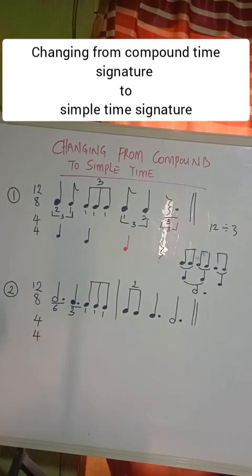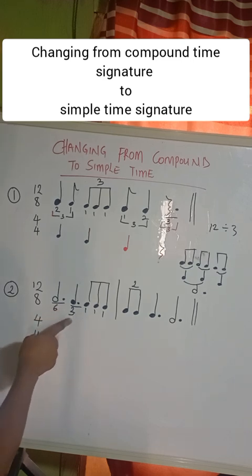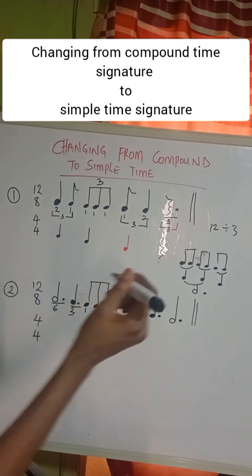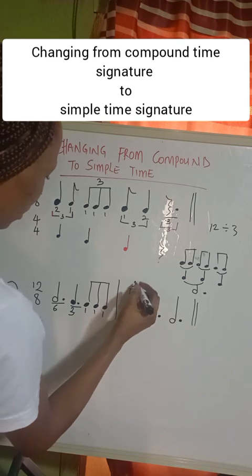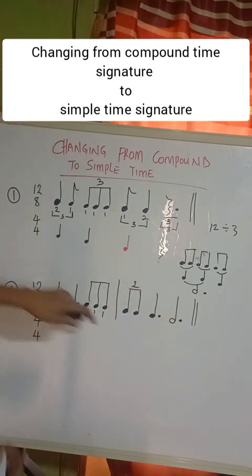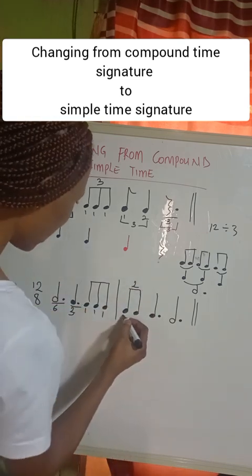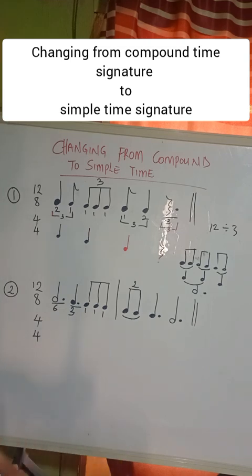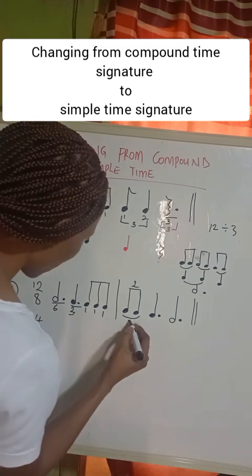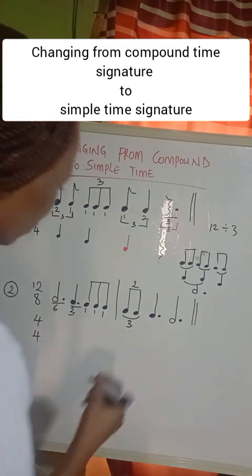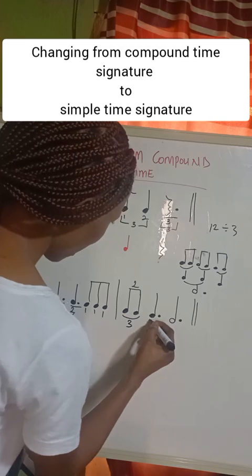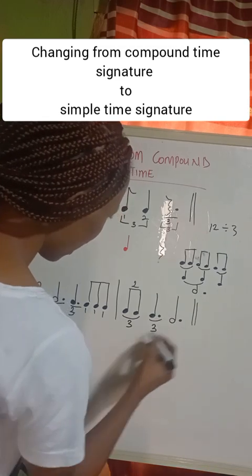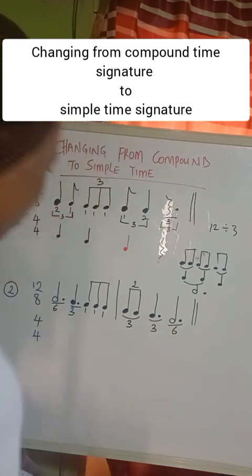There's a dot there. So we have 6, 9, 10, 11, 12. And here, this is a duplet note, which means these 2 notes will be played in place of 3 beats. So these 2 notes carry 3 beats, and this carries 3 again, and this carries 6.